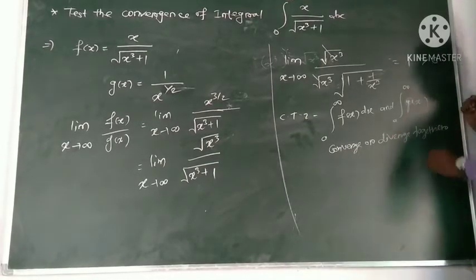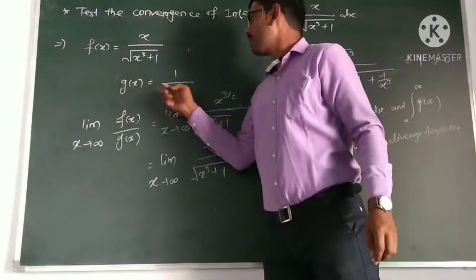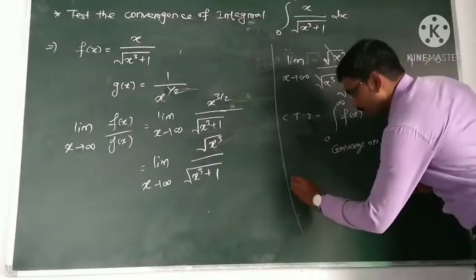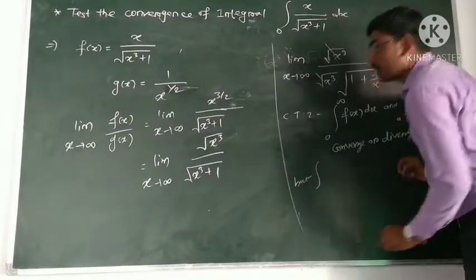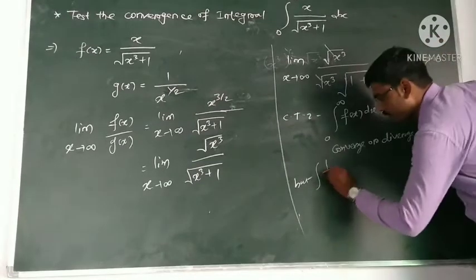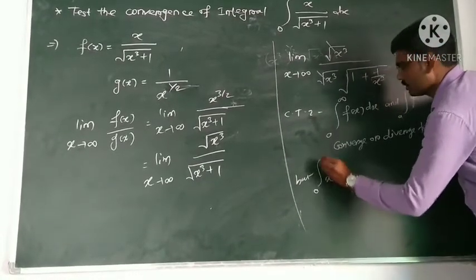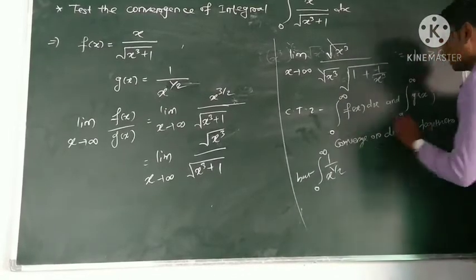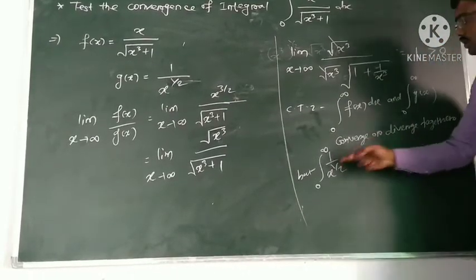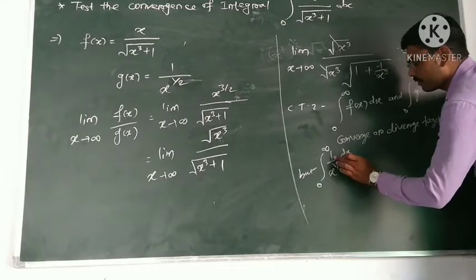Okay, but the improper integral of g, that is 1 upon x to the power 1 by 2 from 0 to infinity, with respect to dx.